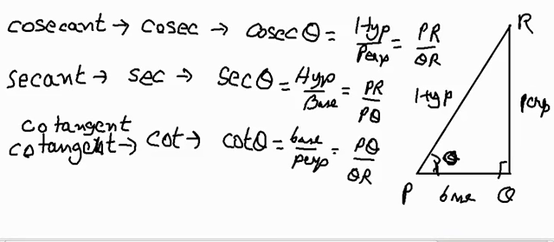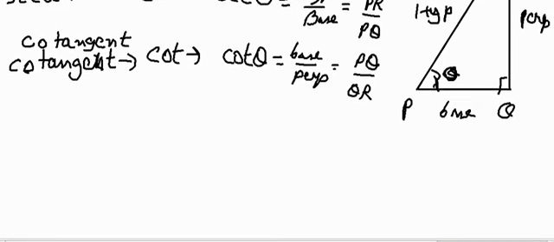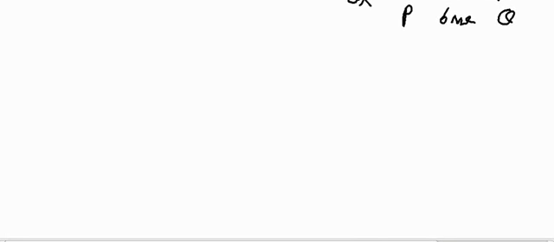Now as you see, these ratios are reciprocal to each other in a sense. So before we end, let us see the reciprocal relation between these ratios. The first one, let's go back to what we studied first.